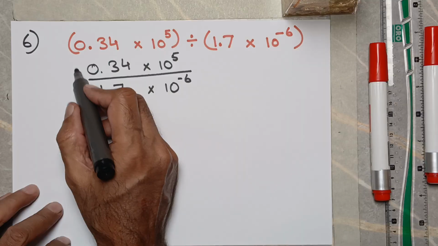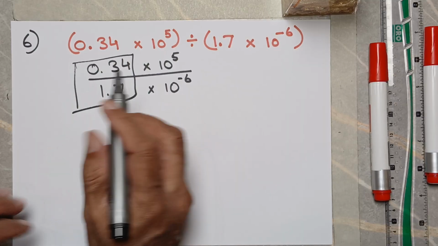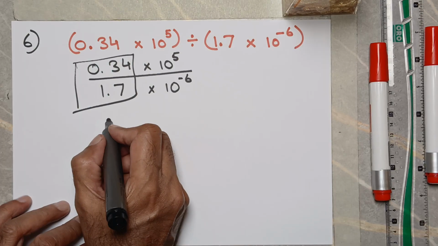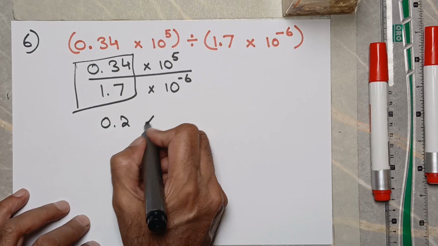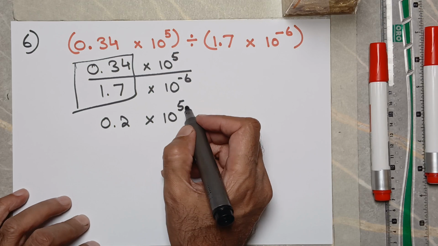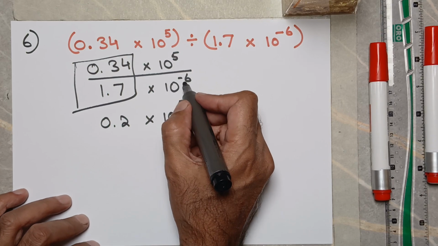First solve the non-exponential part, and I will take the help of the calculator again. 0.34 divided by 1.7 gives me 0.2. 0.2 times 10 raised to the power 5, and now here we have minus 6.